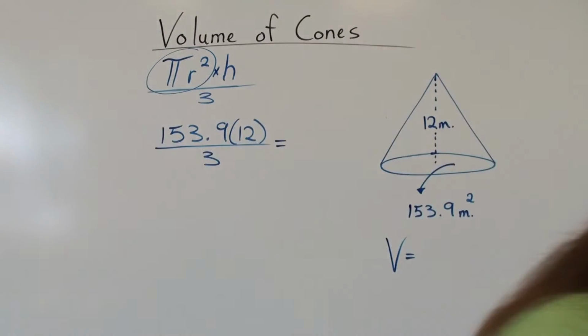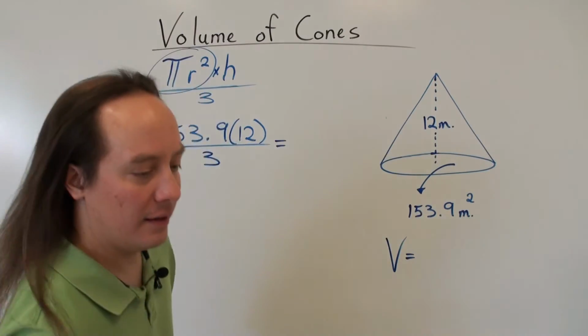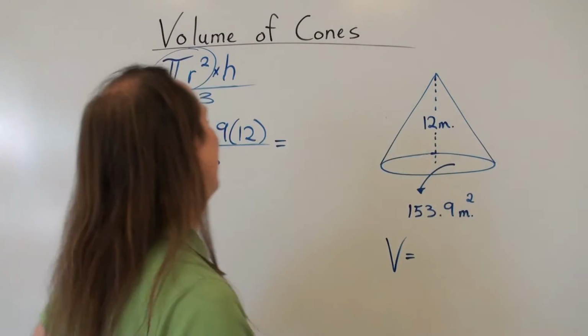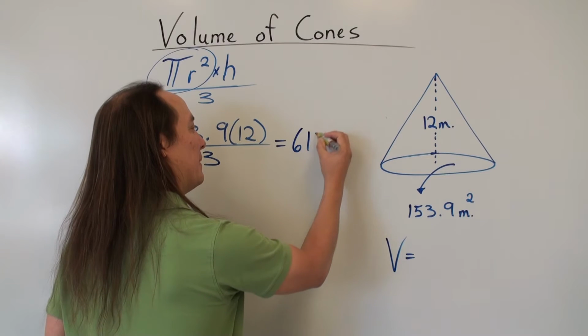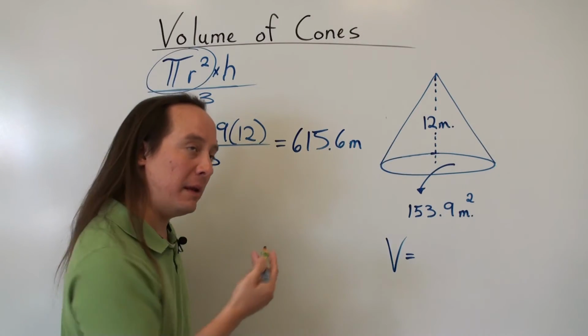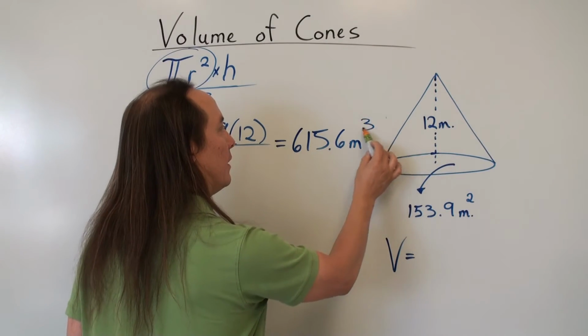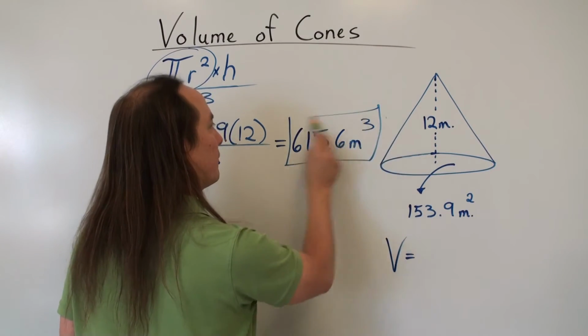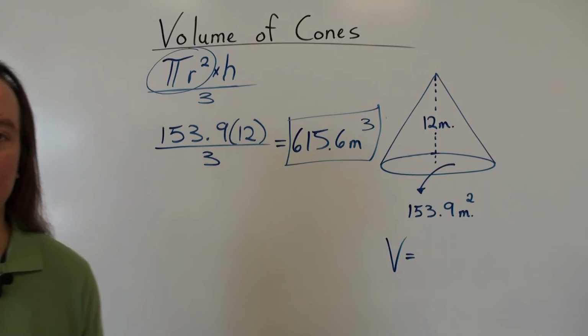Let's just go over here, get my marker. What was it again? 615.6. This time I have to put units, meters in this case, cubed, to show that it's volume.